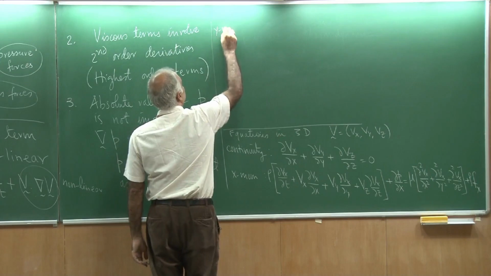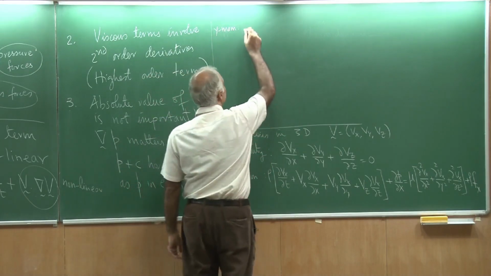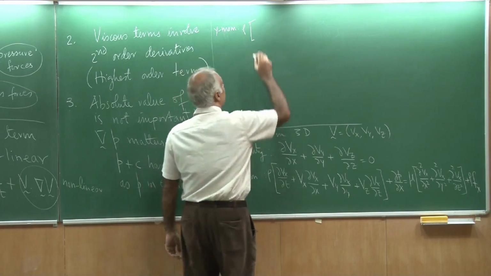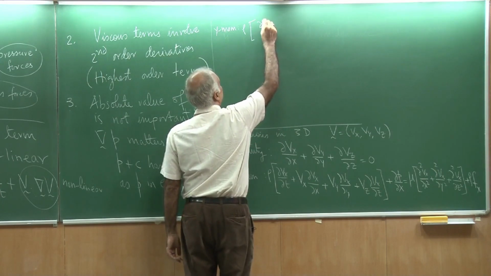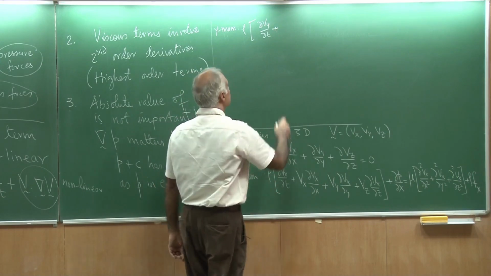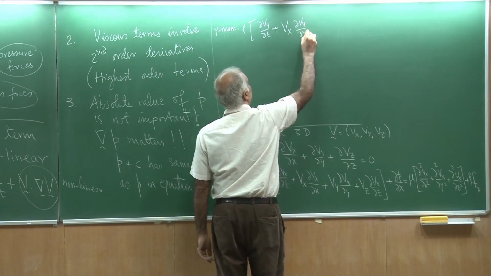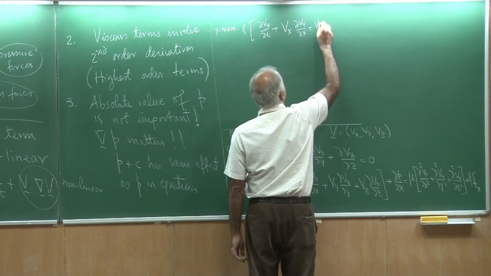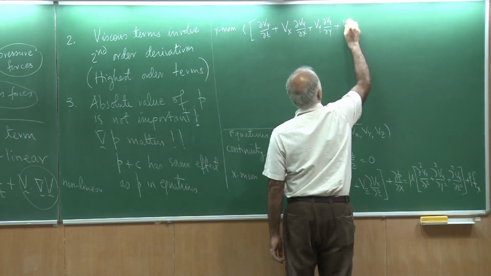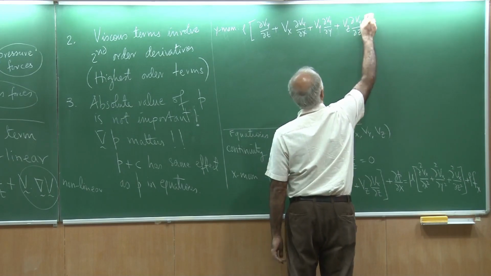So y momentum equation looks very similar. Let me fill up the various terms. So now I have rho del Vy by del t, and then the convection term, which would be Vx del Vy by del x plus Vy del Vy by del y plus Vz del Vy by del z.